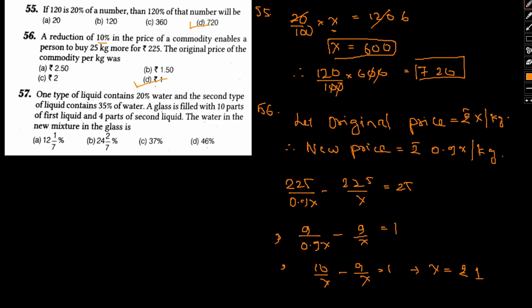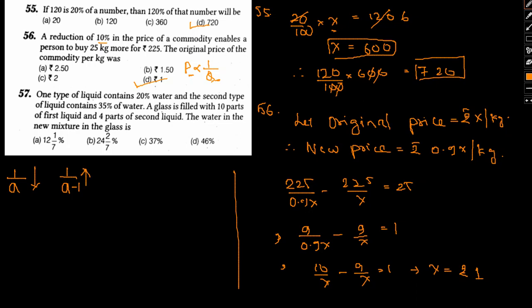So this particular question can also be done in a very shortcut way. Okay, so let me just show you the same. Just understand one thing. When two quantities are inversely related to each other, like price is inversely related to quantity, because higher price means low quantity and lower price means high quantity, then suppose one quantity has been decreased by 1 by a times, the other quantity will have to be increased by 1 by a minus 1 times, just to balance this out.